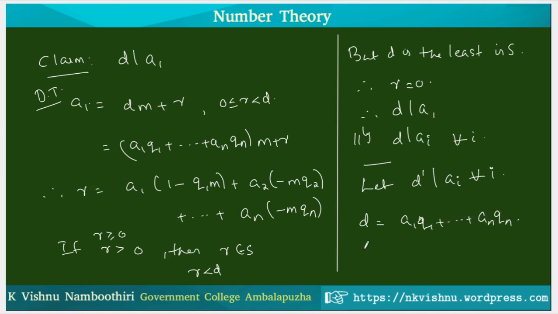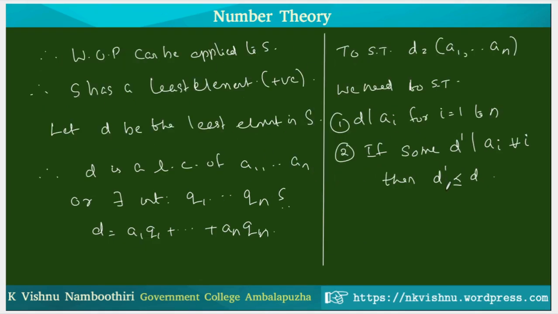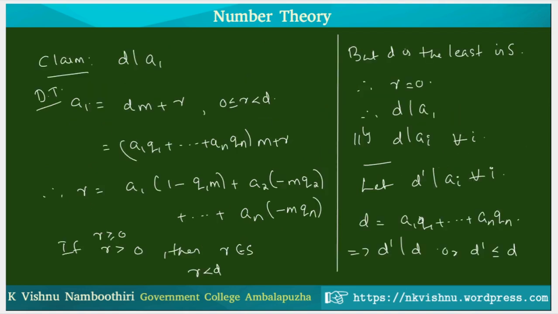Therefore, D dash dividing ai implies that D dash divides D, or D dash is less than or equal to D. This is what we wanted here. And therefore, D satisfies both the conditions, and therefore D is the GCD of a1, etc., an.